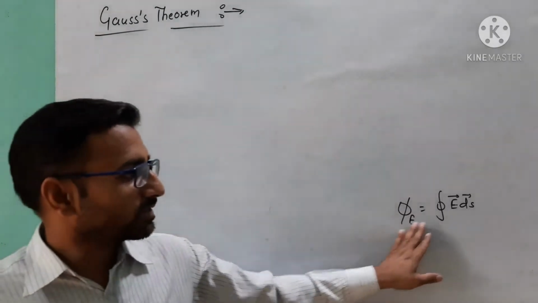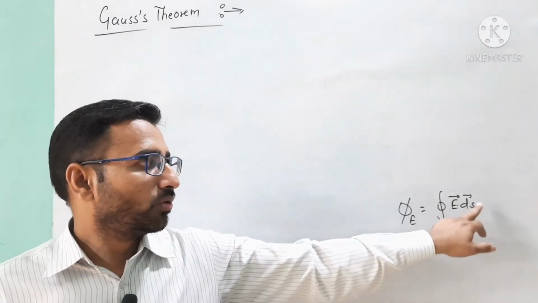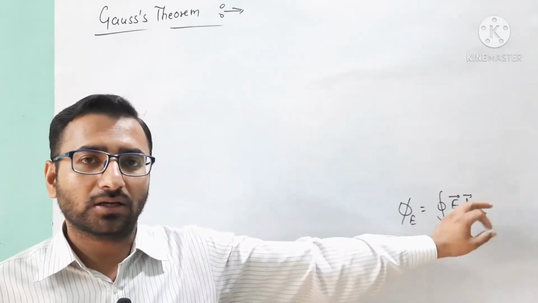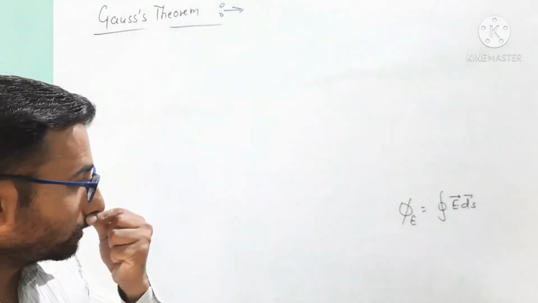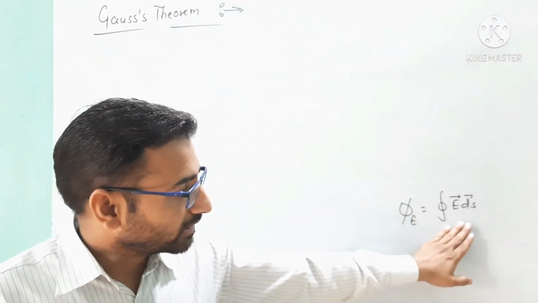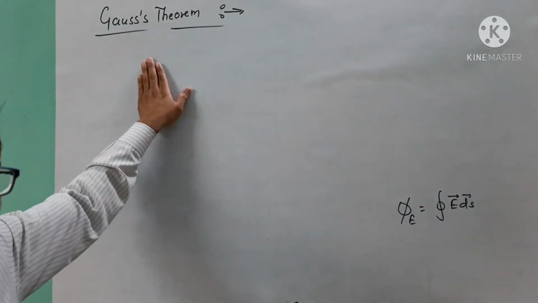It means the electric flux is the surface integral of electric field over the surface S enclosed by the volume V. Okay, so here I will take the statement to explain the Gauss theorem.